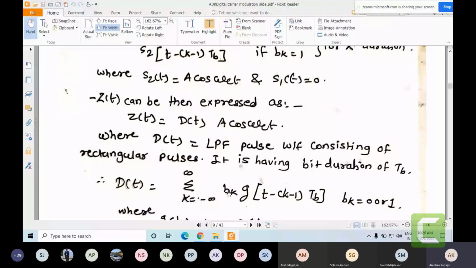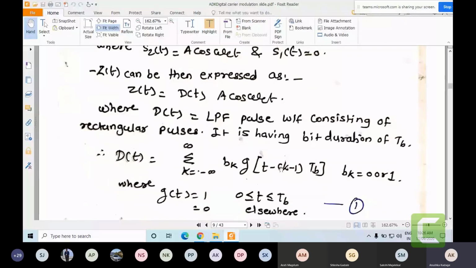And this GT signal value is 1 when the t value is in between 0 to TB. Otherwise, this value will be 0 for other time instances.